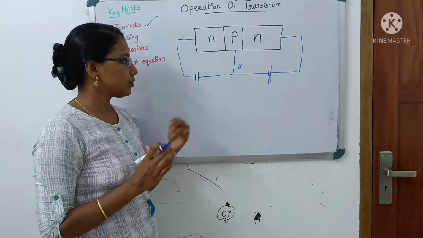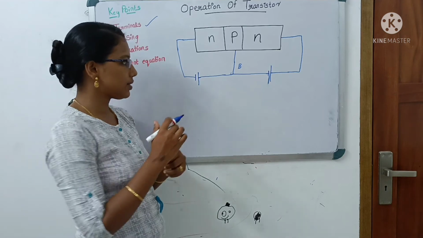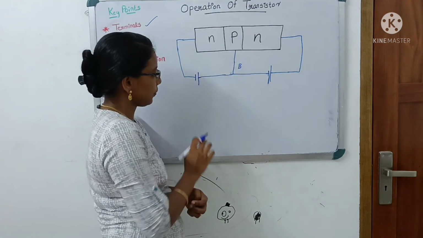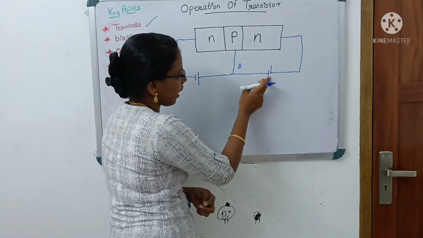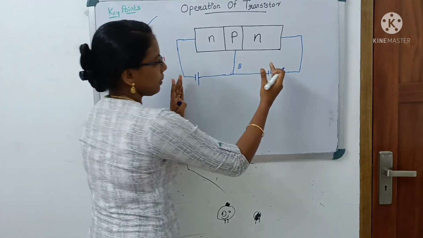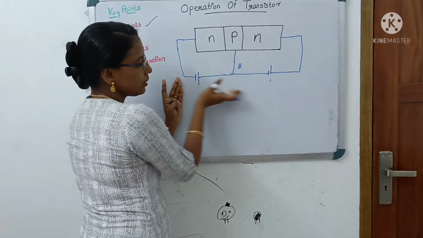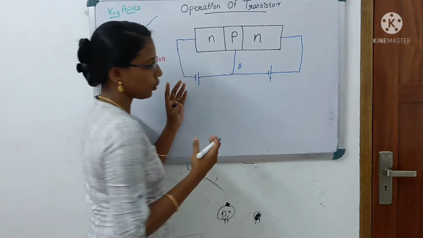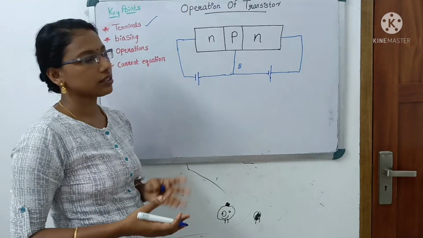So in this video we will see the operation of a transistor. This is the external voltage I gave to the terminals of the transistor. So in this connection, this is the biasing. We are doing biasing on a transistor.